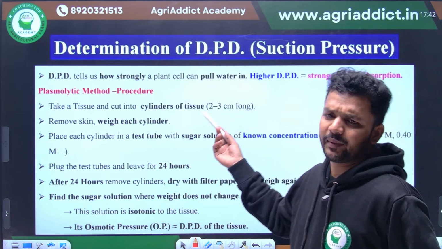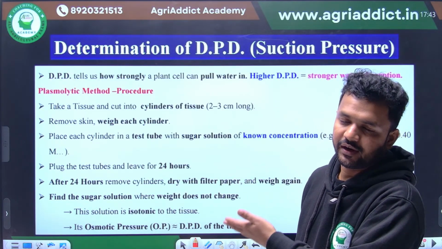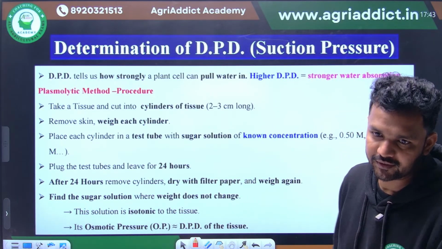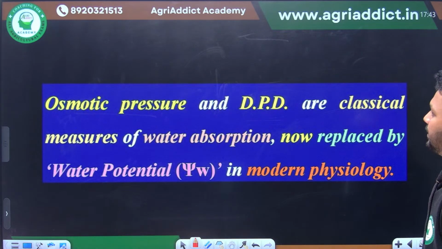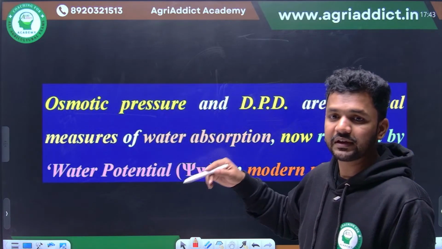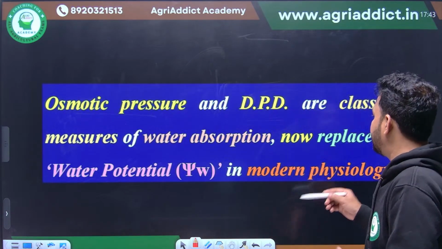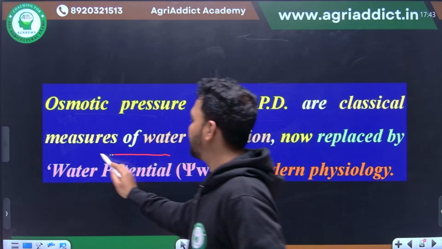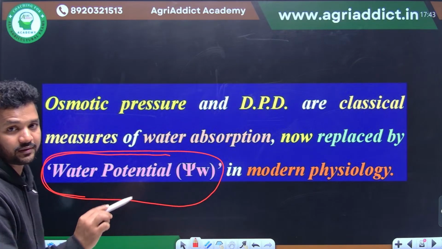And how we will determine DPD? The same method, plasmolytic method that we saw to identify the osmotic pressure. But what we saw was the classical measure of water absorption, which is now replaced by the water potential. It is the present concept, water potential.